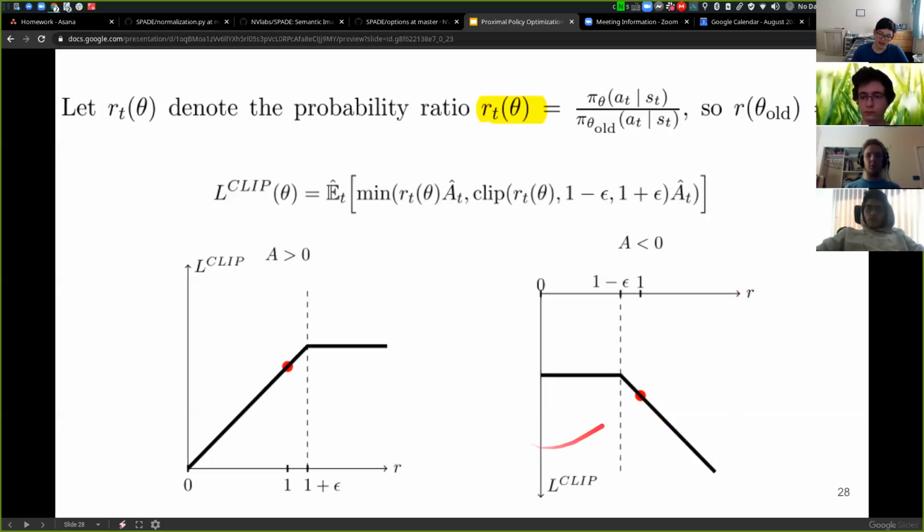Versus on the left side, if it turns out that what we're doing is really bad, then we also don't want to stray too far from what we were doing before, because if we just multiply by a very small number over and over, it's just going to trend towards 0. To prevent that from happening, from making the action never happen again, we instead clip it. So it's kind of like preventing the gradients from exploding or vanishing.